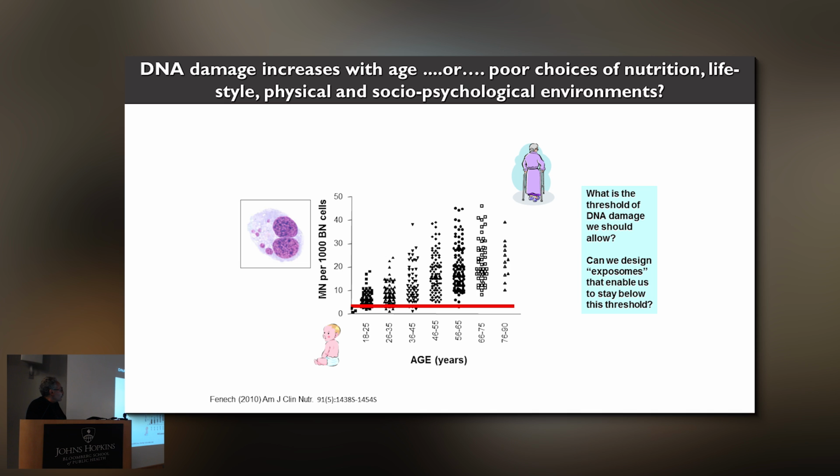Those who live longer seem to be on a lower trajectory. These people here with very high rates of damage probably are dying. And this kind of relationship is shown with other markers of DNA damage.